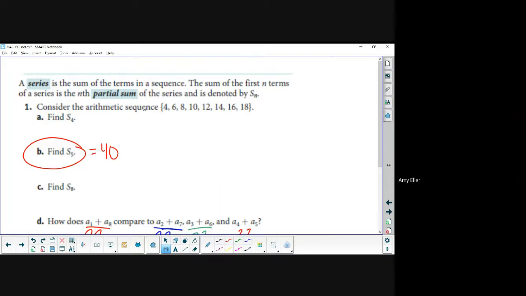So we're going to do S sub 5. Formula says n over 2, so 5 over 2. We need to add our first term and our last term. Remember, we're only doing 5, so my last term is no longer 18. I'm doing the sum of the first 5.